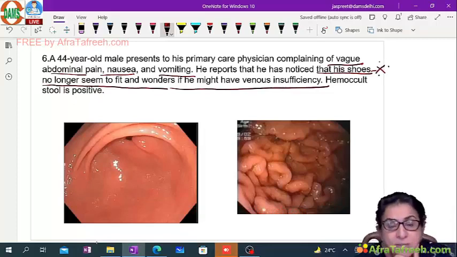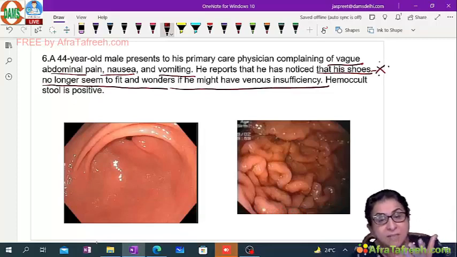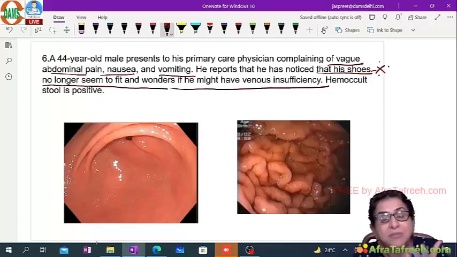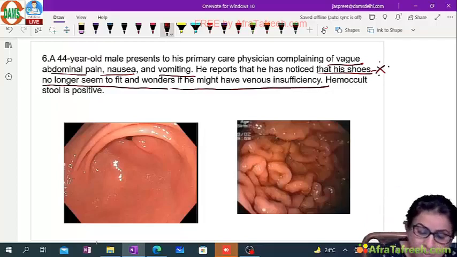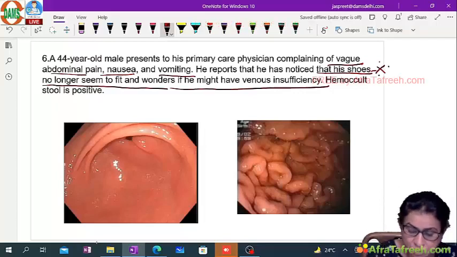Shoes no longer seem to fit means he has developed edema in his feet, pedal edema. Because of the edema in the feet, his shoes are not fitting, and he has this vague abdominal pain, nausea, and vomiting. And hemoccult blood in the stool is positive.